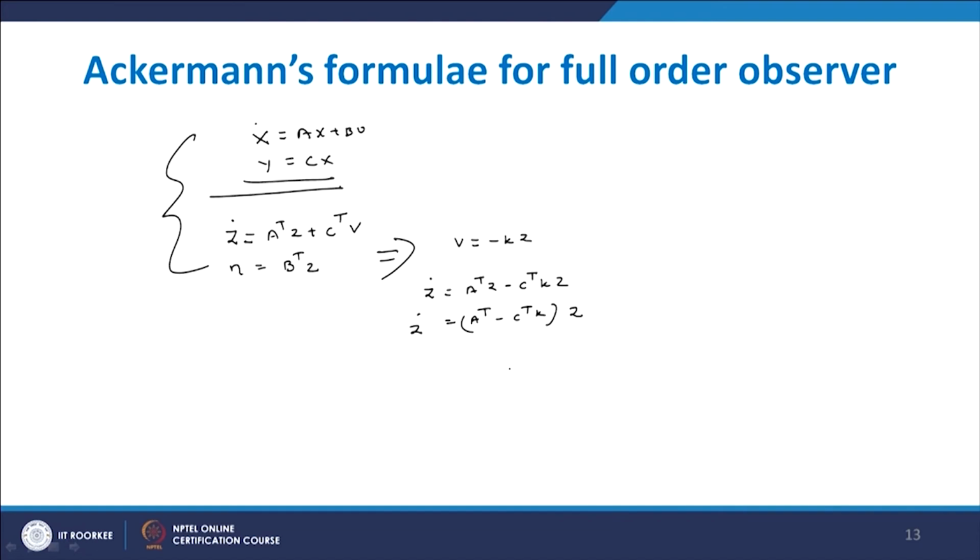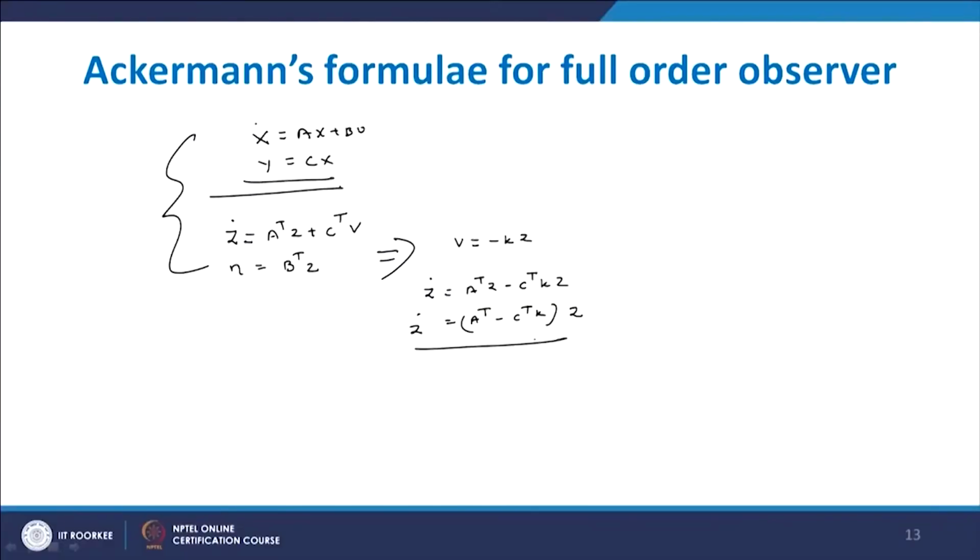Now, in order to get the roots of the system, or in order to find out the value of the controller K, we had to assign some eigenvalues. That means this equation we have to represent in terms of the characteristic equation.